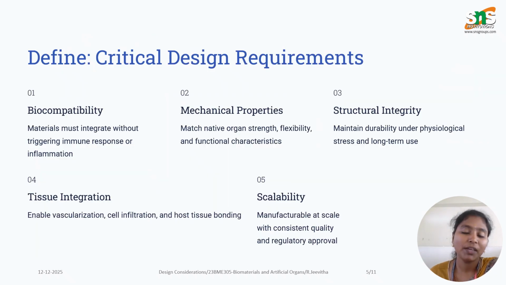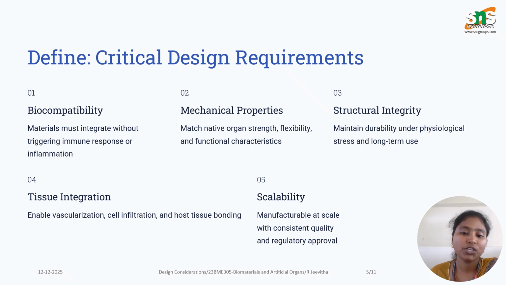After understanding patient needs, we clearly define the engineering requirements. The first requirement is biocompatibility, and the material should not cause toxic, allergic, or immune reactions in the human body. The second is mechanical properties. The material must match the strength, elasticity, and flexibility of the native organ. For example, heart valves must open and close millions of times without damage.